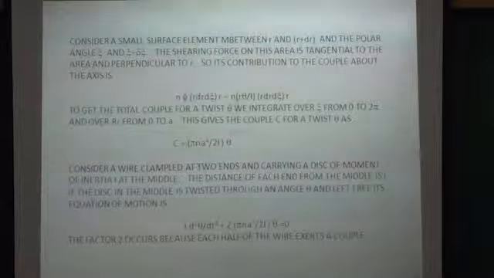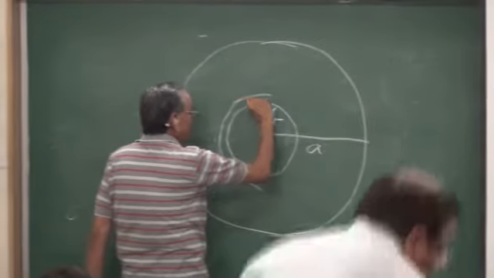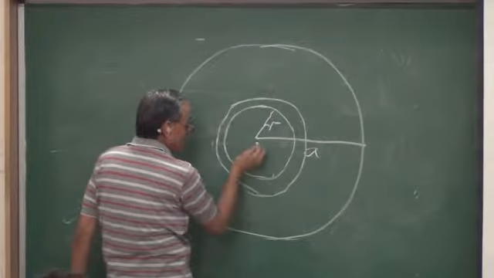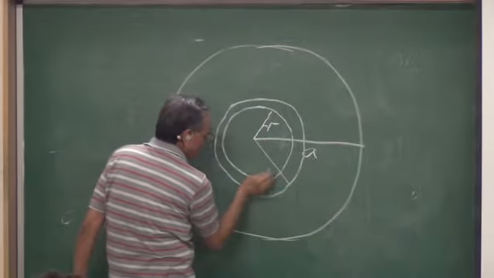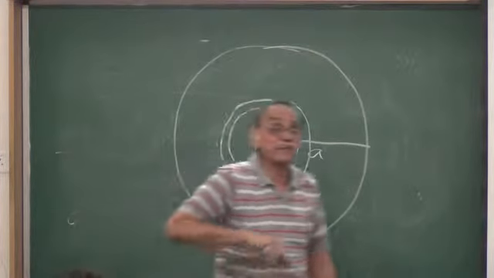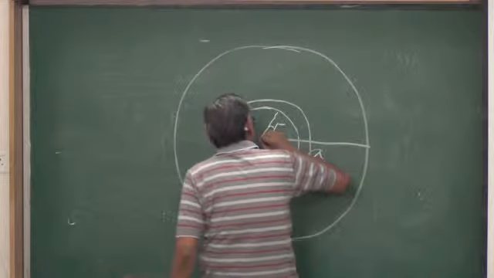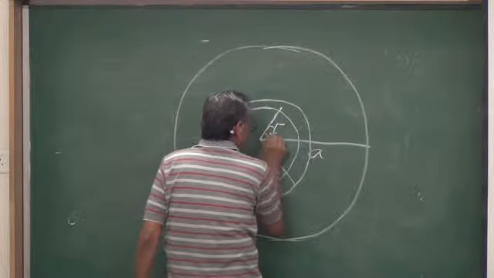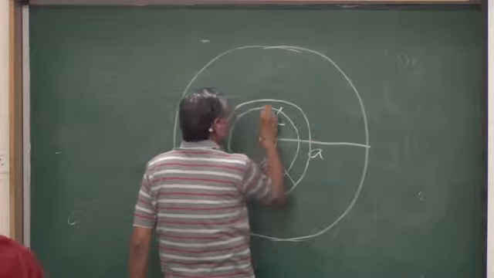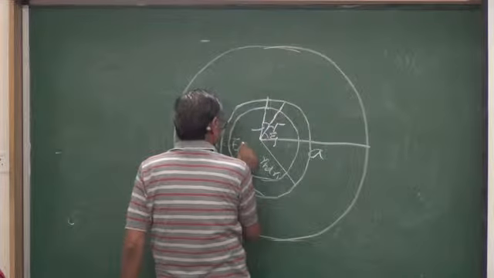I am taking a circle of radius r and a circle of radius r plus dr. I take two concentric circles r and r plus dr. I take two angles. This angle is psi and this angle is psi plus d psi.